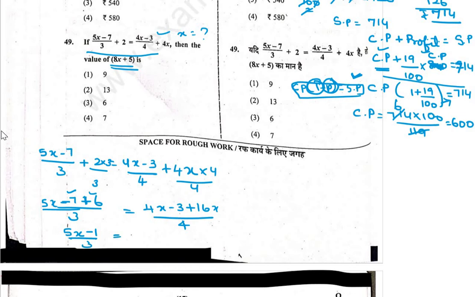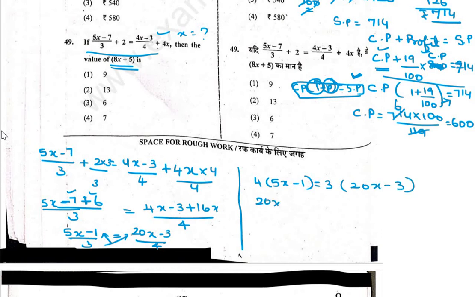Here 4x plus 16x is 20x minus 3 by 4. So cross multiply it. We get 4 into 5x minus 1 equals 3 into 20x minus 3. So multiply it: 20x minus 4 equals 60x minus 9.